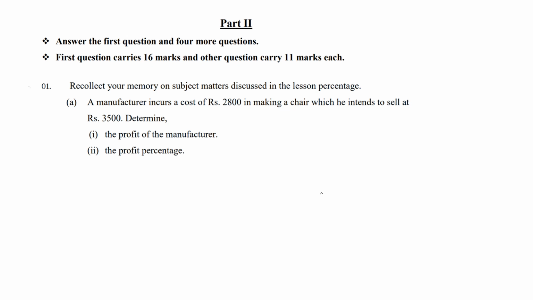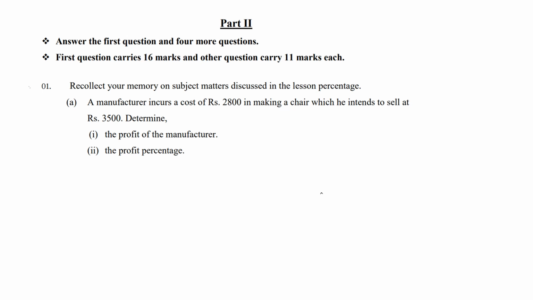You have to recollect the subject matter discussed in the lesson on percentage. A manufacturer incurs a cost of 2,800 in making a chair which he intends to sell at 3,500. What is the profit of the manufacturer? We can easily think that he spends 2,800 and he has to sell it at 3,500.